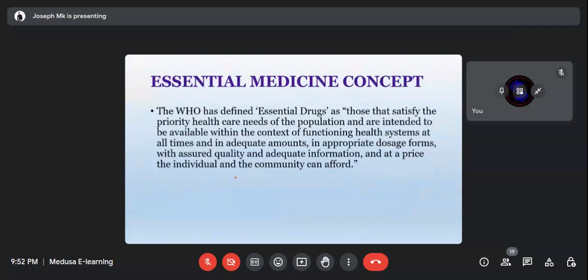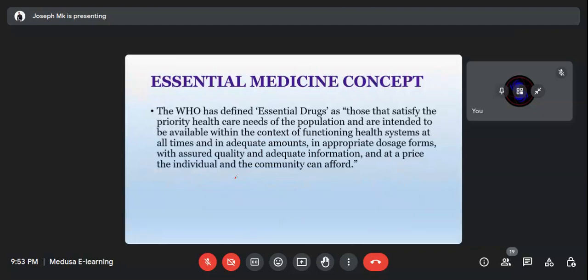Then we move to essential medicine. This is somehow also a classification. So for essential medicine, you need to know, like I said earlier, mostly definitions. The WHO gives definitions. So you need to know the definition that has been given by the WHO for essential medicine.